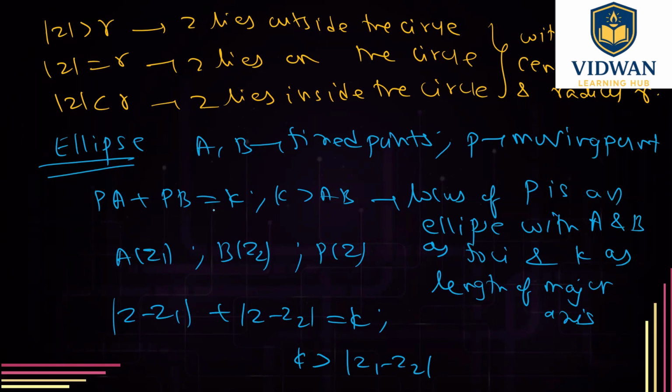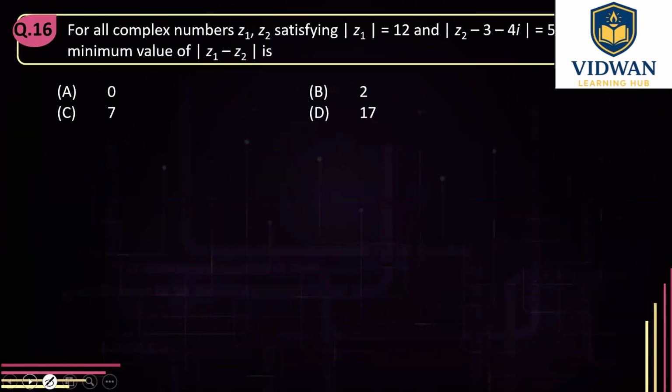And in case it is equal to, you get an ellipse. If it is greater than or less than, what do you get? Here P is on the ellipse. Greater than means P lies outside the ellipse. Less than means P lies inside the ellipse.